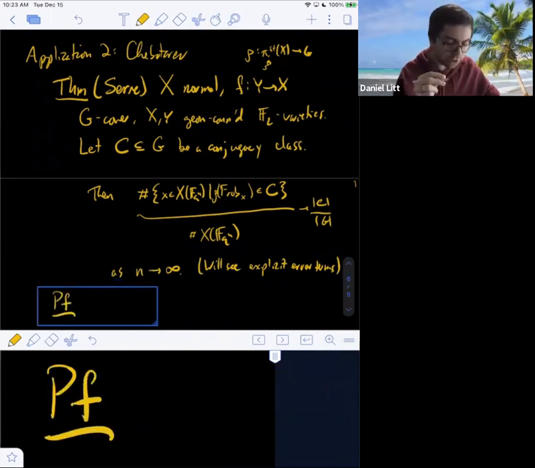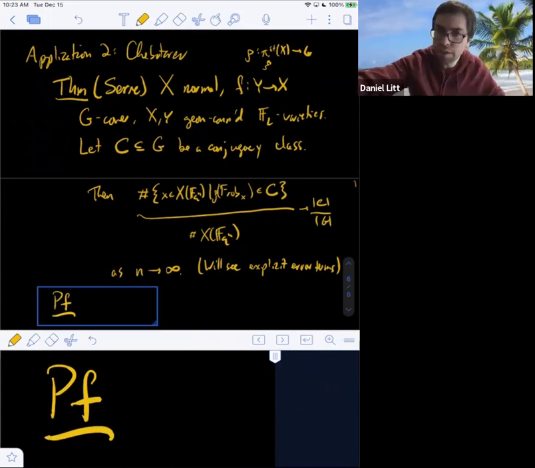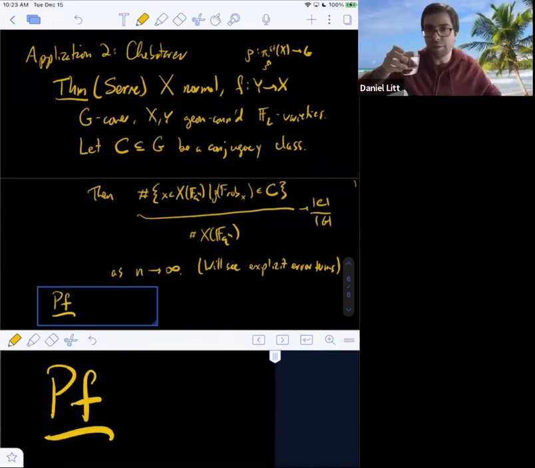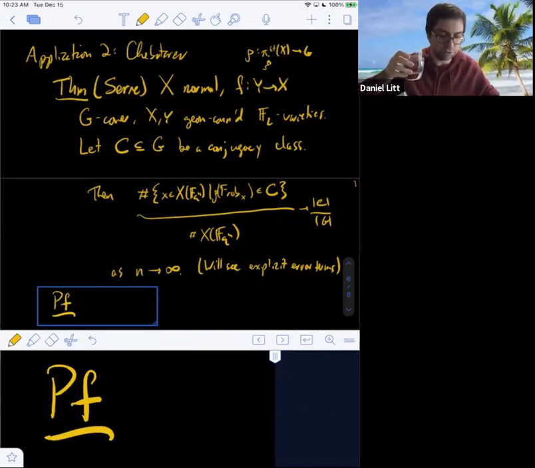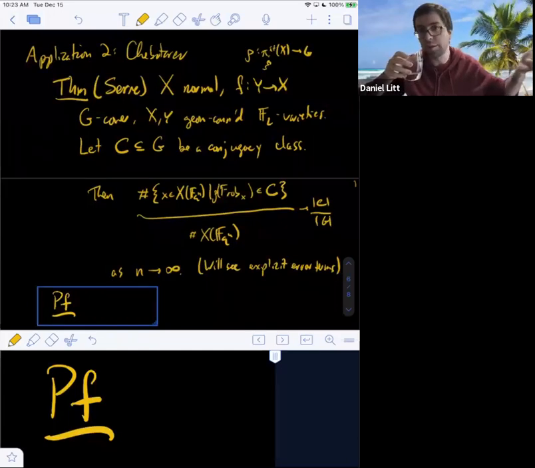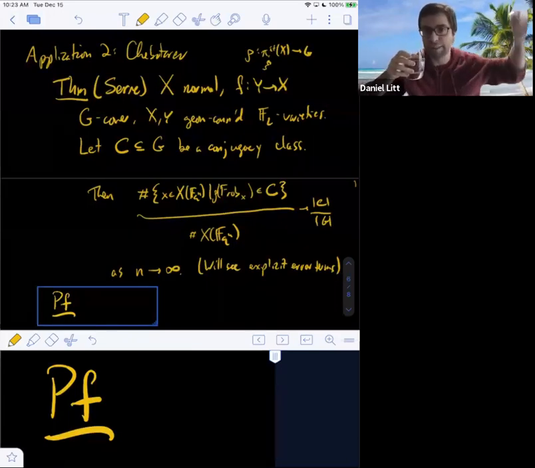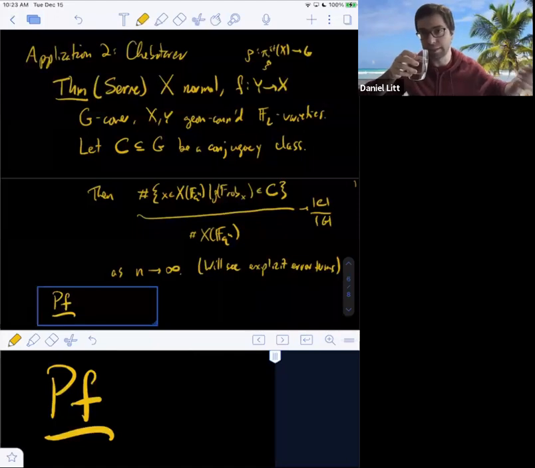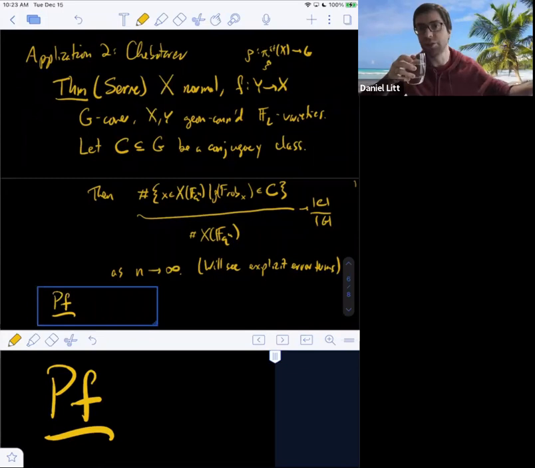All right, are there any questions about what this statement says? Basically, another way of thinking about this is if you pick a point, you get the Frobenius at that point, and you can ask how it is acting on the fiber. This is saying you can compute the probability that it will act via a certain conjugacy class of the deck transformation group.